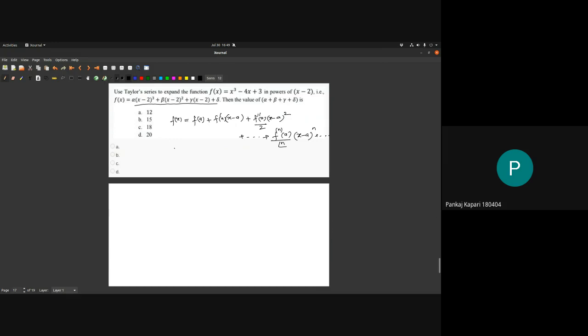But for this given function, which is itself a polynomial, the derivatives will vanish after a certain point.